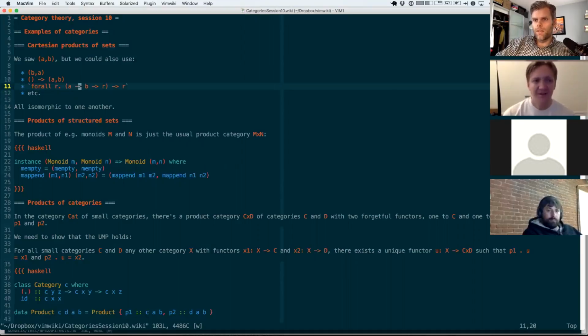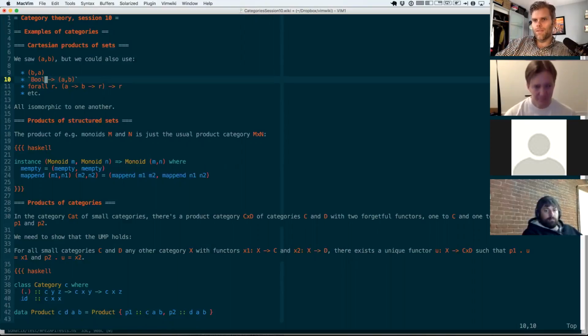So there are A times B to the power of 1 things in here. But if this were bool, now there are a power of 2 more inhabitants.